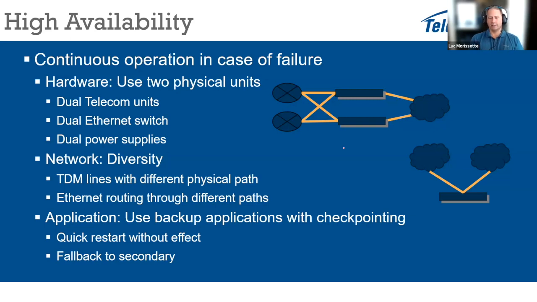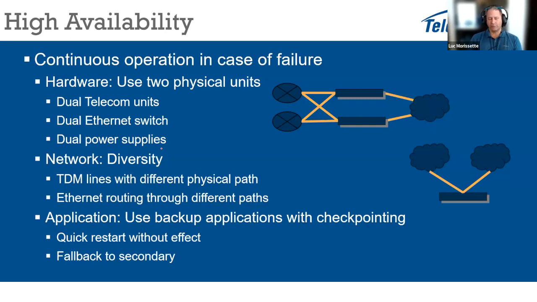You need to make sure that these go through different physical paths. TDM lines, right? Your T1s and fibers are going on the network, so they need to go on different physical paths. And your Ethernet routing, well, your packets need to be routed through different networks, physically, and that's sometimes difficult, to make sure that your packets are going to two different physical networks in your environment.